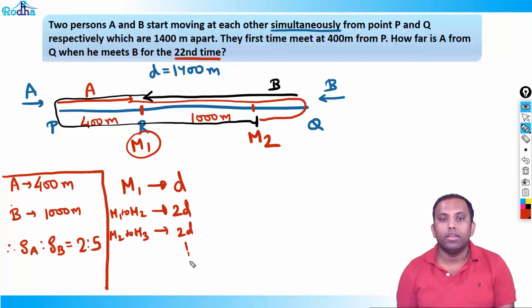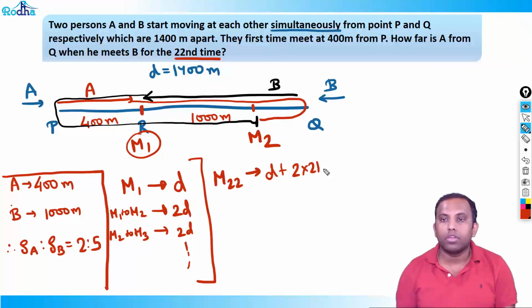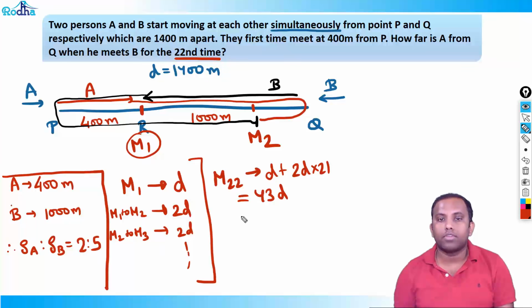That means till the 22nd meeting, what is the combined distance traveled? The first is D and the next 21 times 2D. So D plus 2D into 21. That is 43D. And what is the value of D here? 1400 meters.